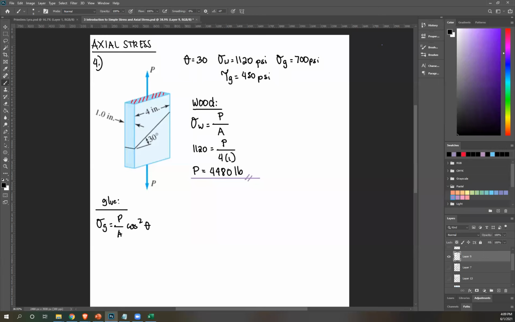Sigma G is 700 psi, pounds per square inch. P is what we're looking for. Area, again, capital A is the cross-sectional area of your object, in this case wood, so that's still 4 times 1. And then cosine squared theta. This theta is the angle from the horizontal to the incline, given as 30. So cosine squared 30. From this, please solve what's P.